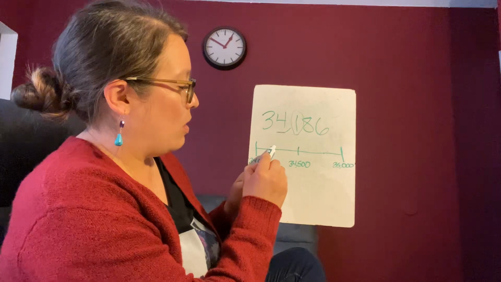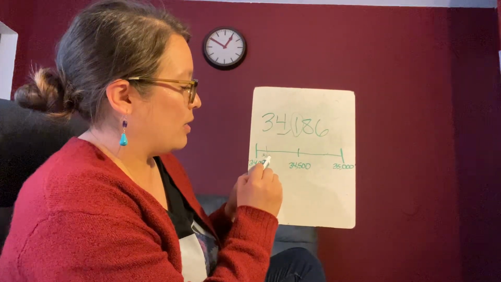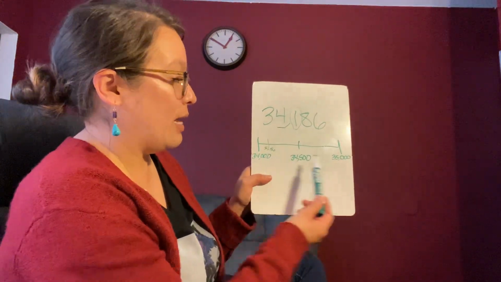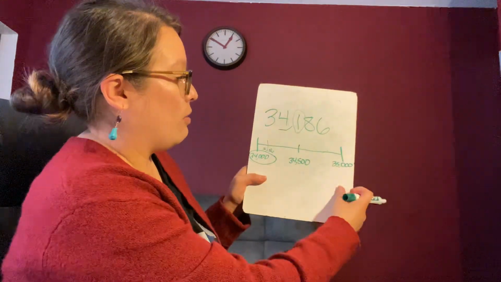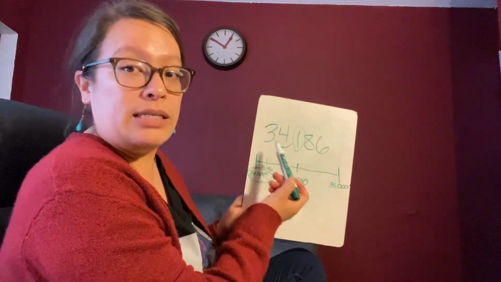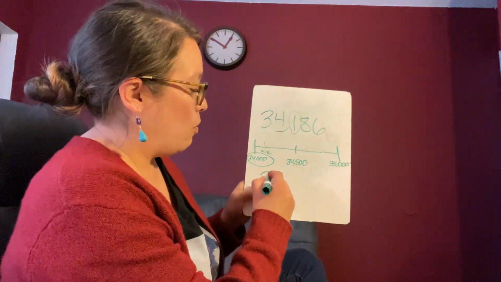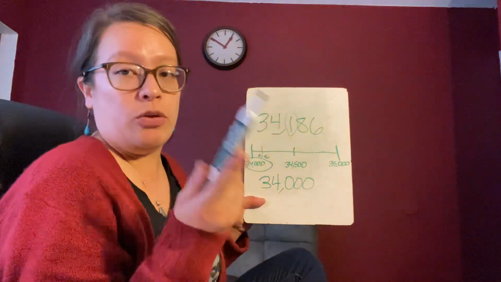That's going to be about here. 34,186. Where is it closest to? 34,000 or 35,000? That is closer to 34,000. So if you had to round this number, 34,186 to the nearest 1,000, it would be 34,000.